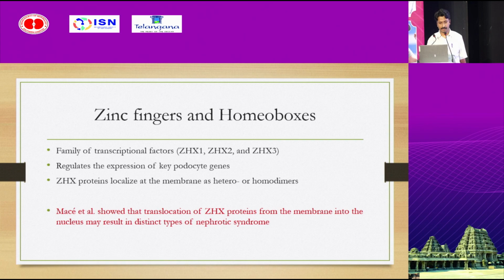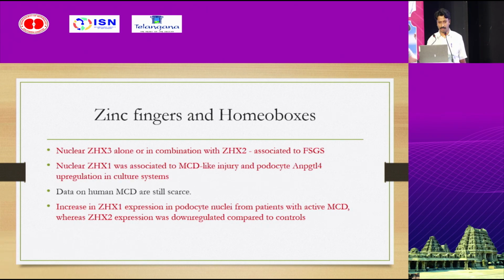Coming to the latest papers which have been coming up, they study mainly the involvement of a family of transcription factors like zinc fingers and homeoboxes, that is ZHX1, 2, and 3, which regulate the expression of key podocyte genes, and they are usually seen on the podocyte membrane, and they translocate to the nucleus.